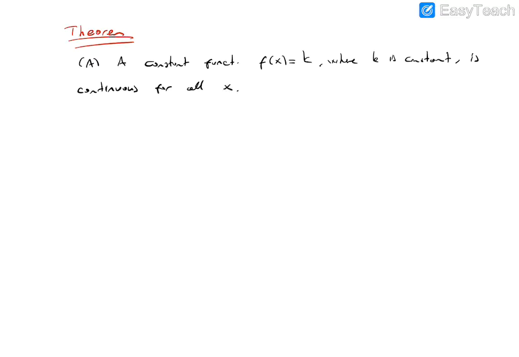First part, a constant function. We have already discussed the limit of the constant function. So the constant function f of x equals k, where k is a constant, is continuous for all x.